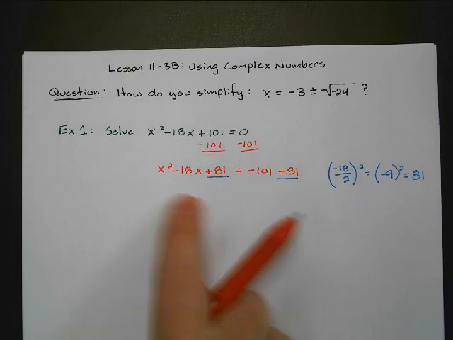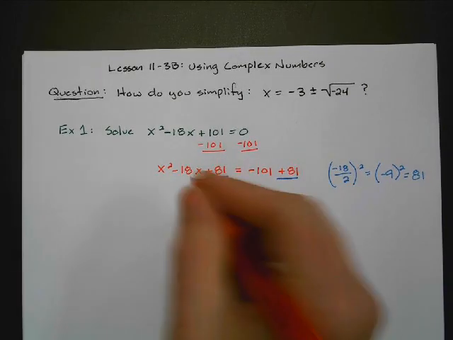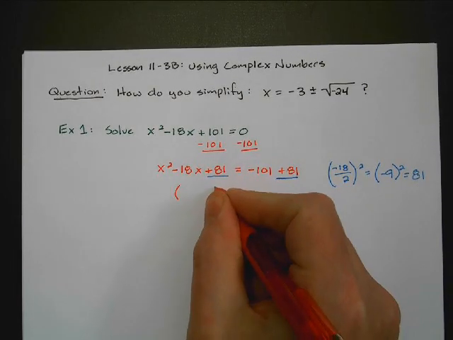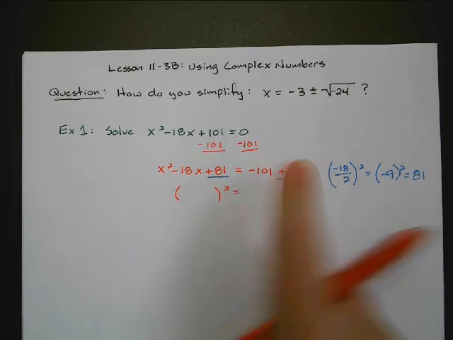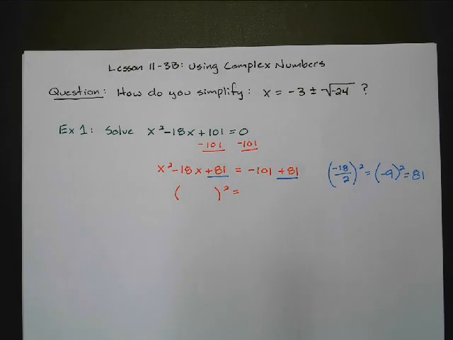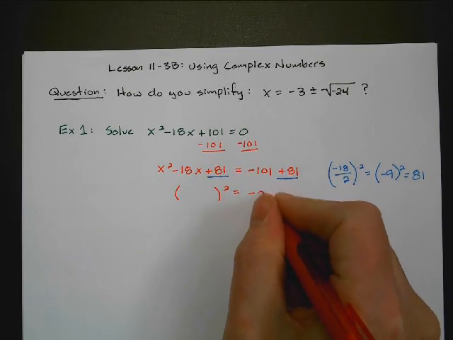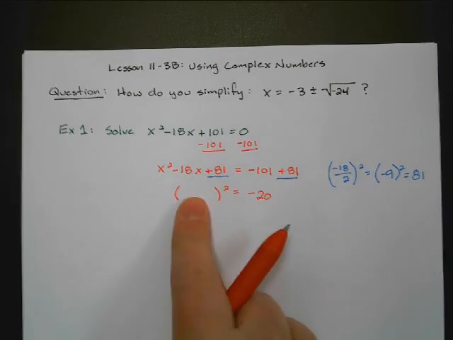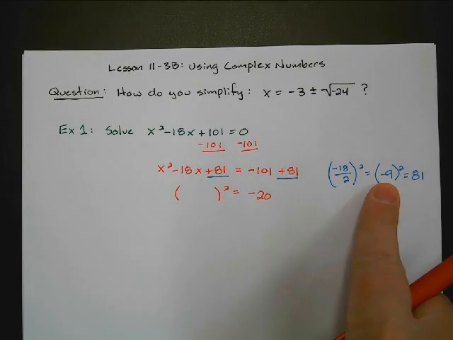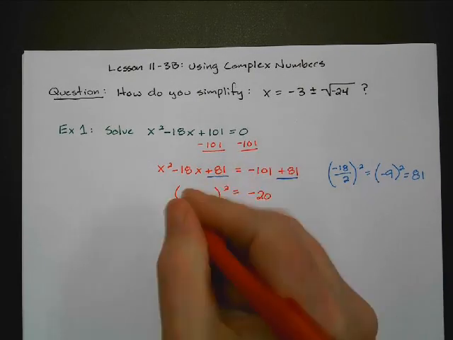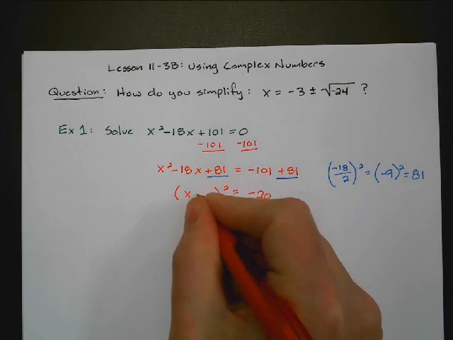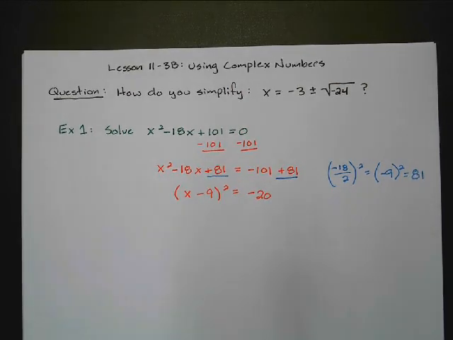Now on this side, we make our perfect square, and on this side, we're going to simplify. So it looks like I'm getting -20 over there. On this side, I have to ask myself, what number did I square? I squared -9. So that means I'm making the perfect square of x minus 9 squared.